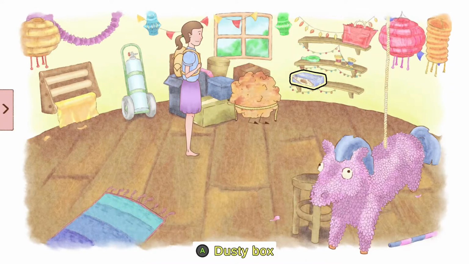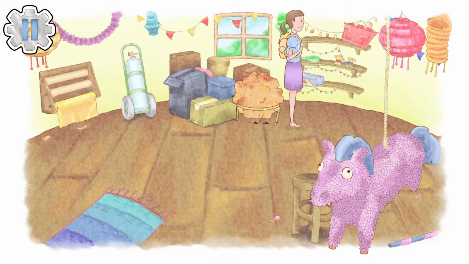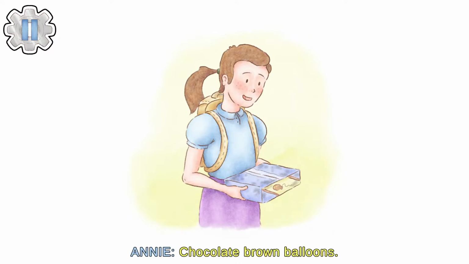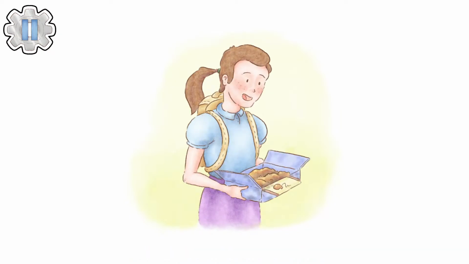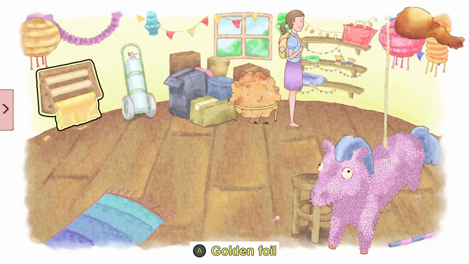Decorator. Dusty box. This box is covered in dust. I wonder why. Chocolate brown balloons. Annie opens the box and picks out a deflated balloon. These should come with a do not eat label. Chocolate brown balloon.